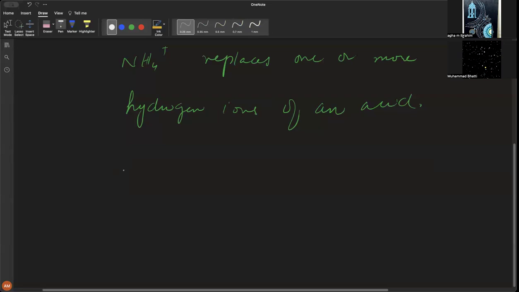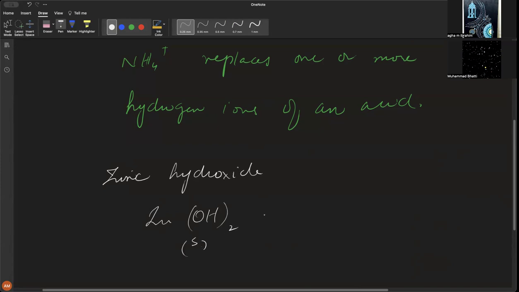We have zinc hydroxide, Zn(OH)2, solid. We have H2SO4 aqueous.